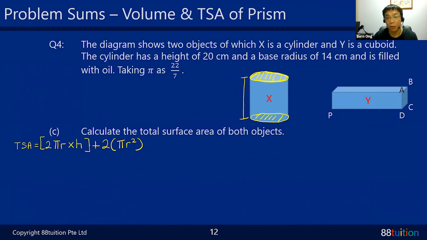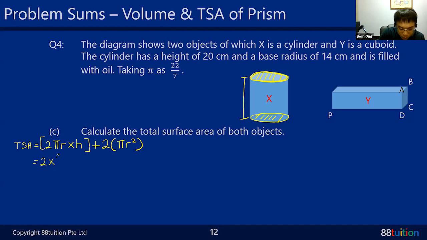If you want a shortcut, you can memorize this formula, but it will be best if you understand the total surface area of the prism: perimeter of cross section times height or depth plus 2 area of cross section, the front and the back.